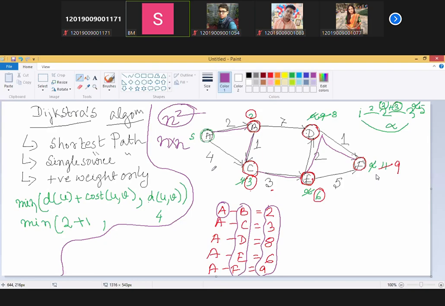I am putting two questions. One is, if I try to find all source shortest paths with Dijkstra, what will happen? And is there any drawback of Dijkstra which means it cannot be used for all sources?